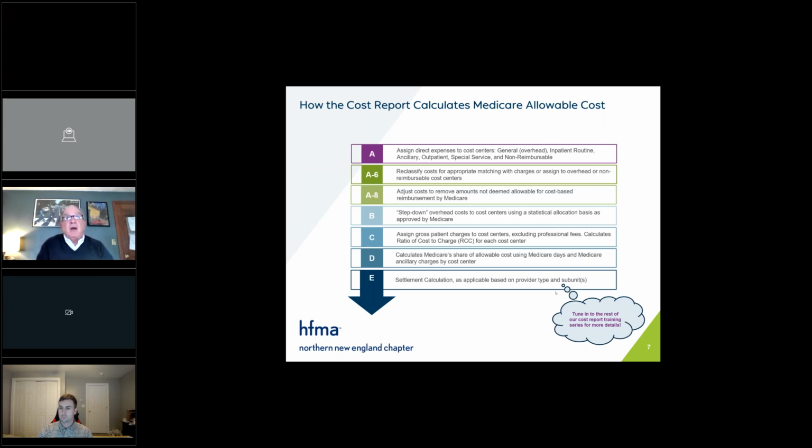And then you have all the other items that get calculated into the settlement that we had talked about previously. And then what we'll talk about more in the future, which is the indirect medical education reimbursement, bad debts, and so forth. And also Medicare will make an attempt to pay you what you're due for those services, and then it'll settle up with you at the end of the year.